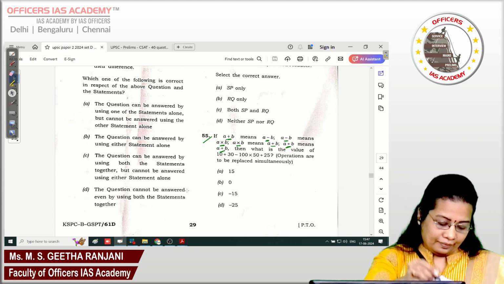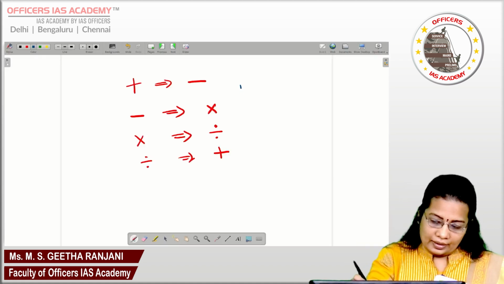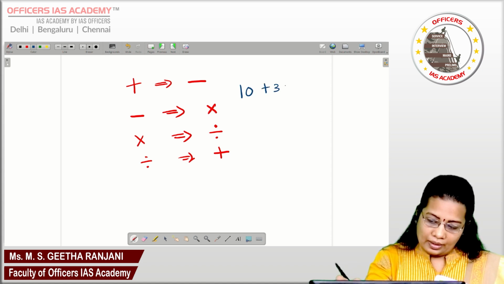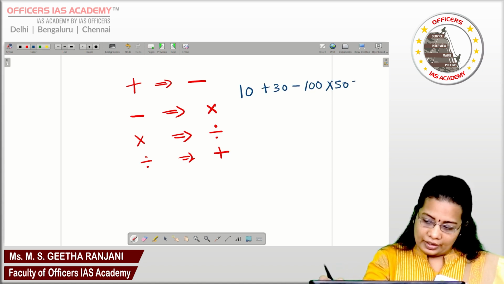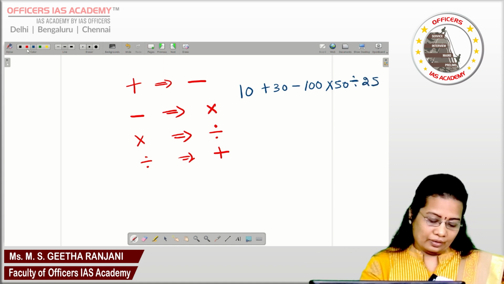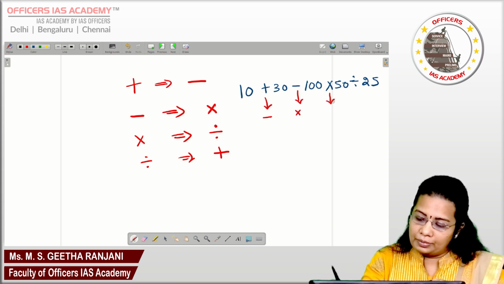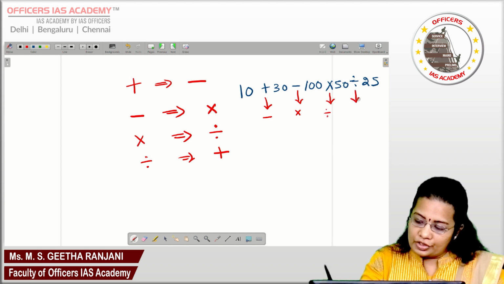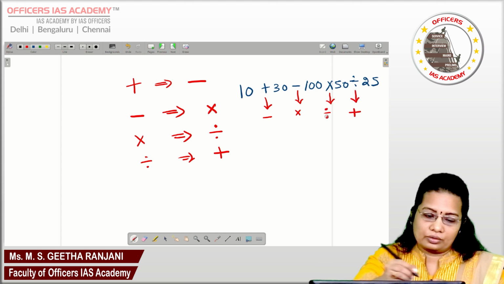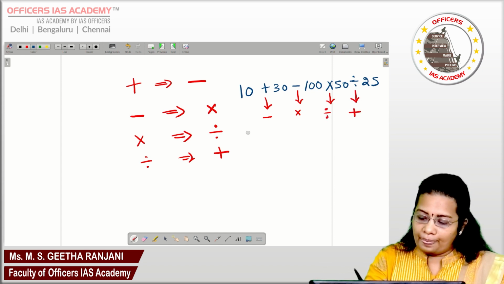So let me write it. 10 plus 30 minus 100 into 50 divided by 25. Right? So here we need to replace this symbol. Plus means minus. Minus means multiplication. Multiplication means division. Division denotes the addition process. Let me write it.